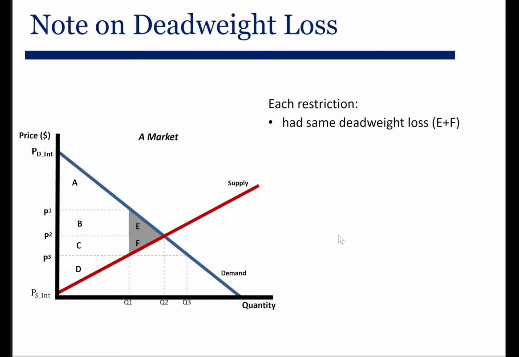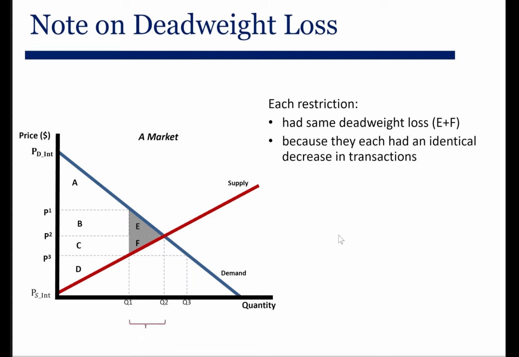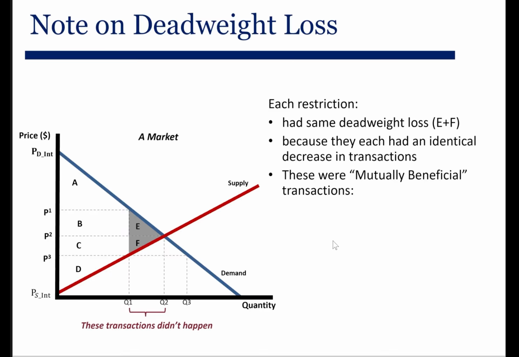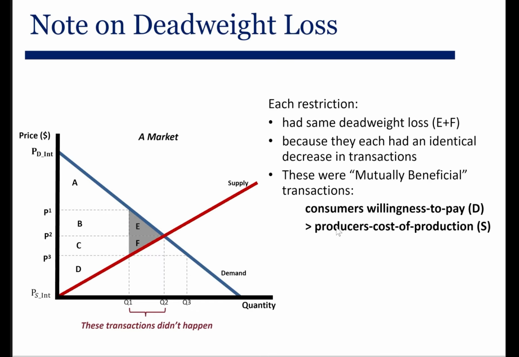Now, the reason for that was because each restriction resulted in an identical decrease in transactions. We used to have this Q2, now we have Q1. These transactions are no longer happening. Now, these transactions we call mutually beneficial transactions, meaning the consumer's willingness to pay, this demand curve, is above the producer's cost of production, the supply curve.